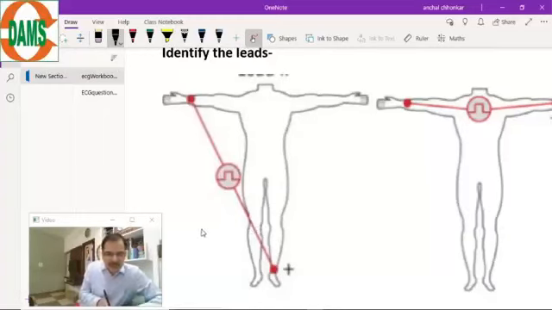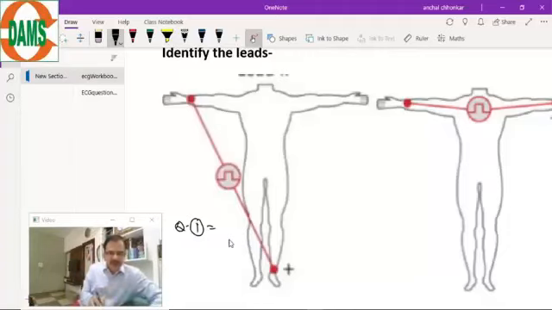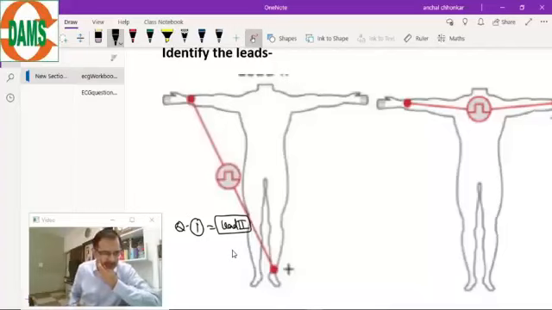Question number one: which lead is this? Yes, very good, SK Amrit gave me the correct answer first. You can see the positive pole is on the left lower leg and the reference electrode is on the right upper limb. So this is lead 2.